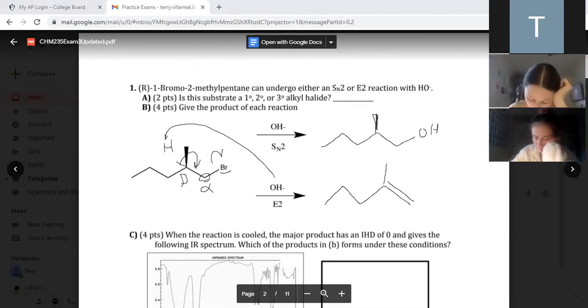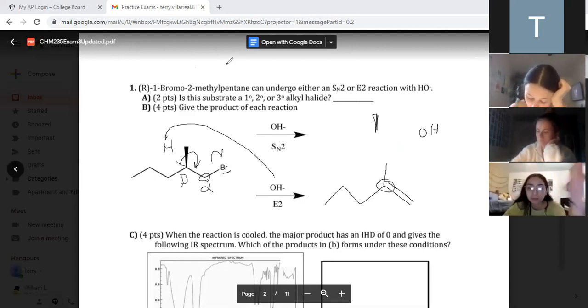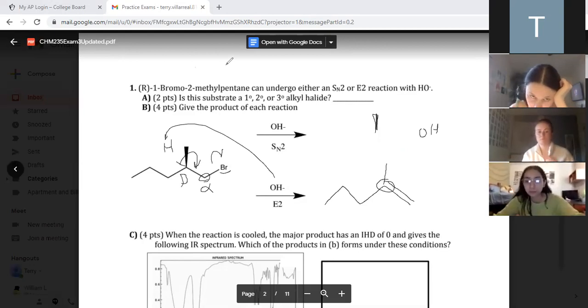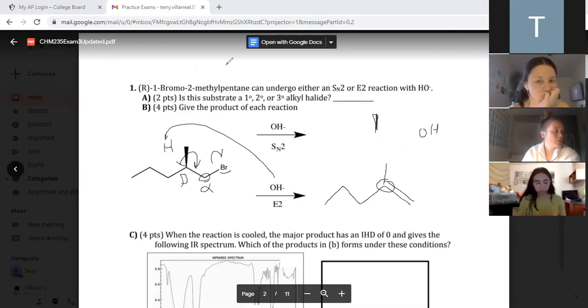Yeah. So don't forget, sp2 carbons, which is what you form when you form a double bond, don't have 3D geometry. They're trigonal planar. It's a flat molecule. So if it was a stereocenter before and that carbon is part of the elimination, you just lose its stereochemistry. It just becomes flat.